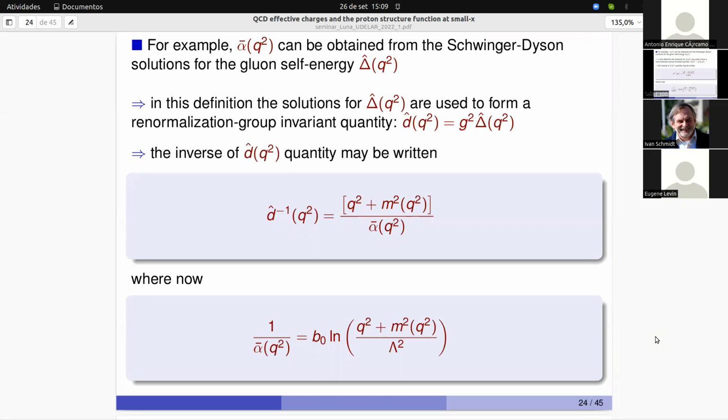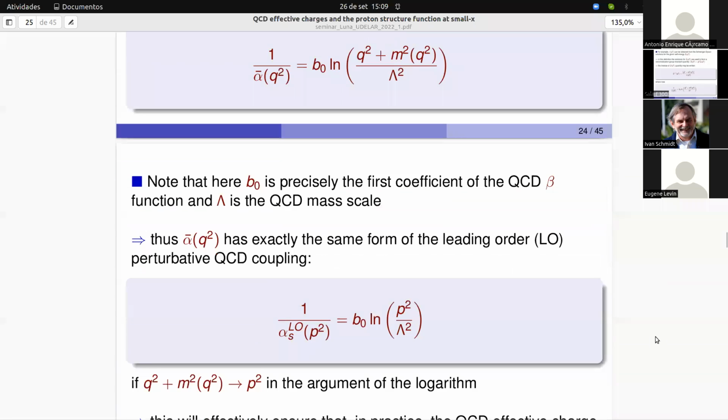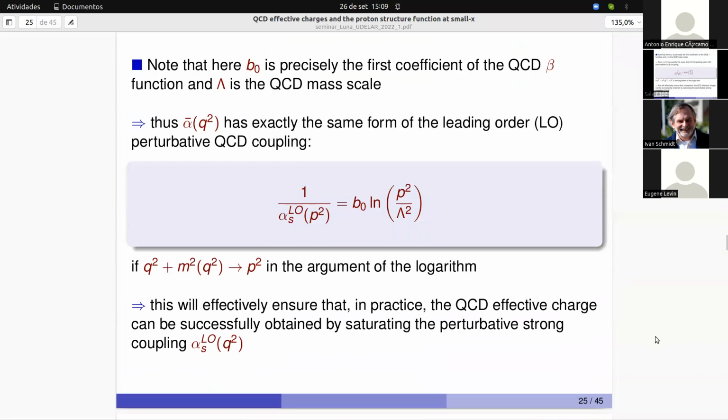Just as an example, you have to do the same procedure in next-to-leading order, for example. You see that this expression is very similar to the expression given by perturbative QCD.